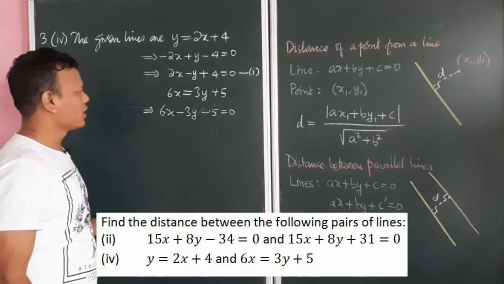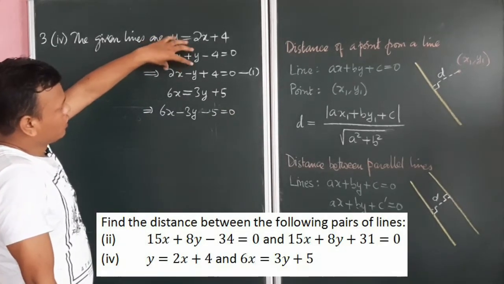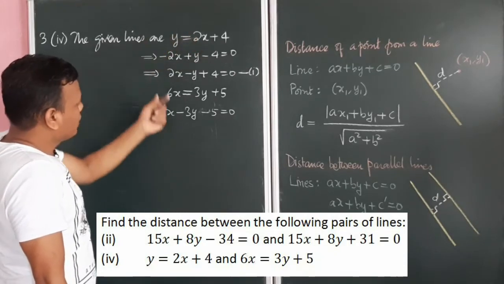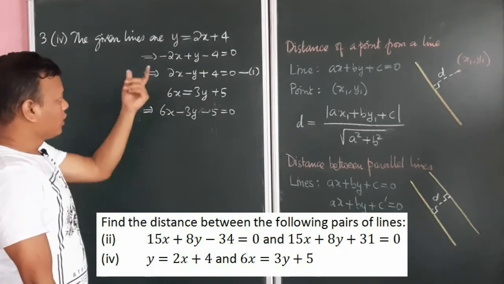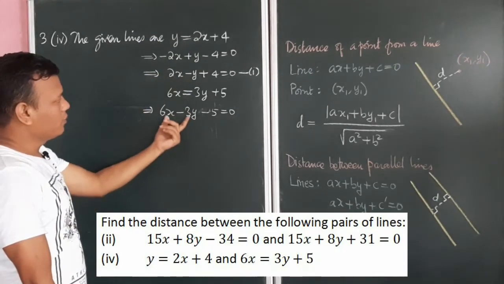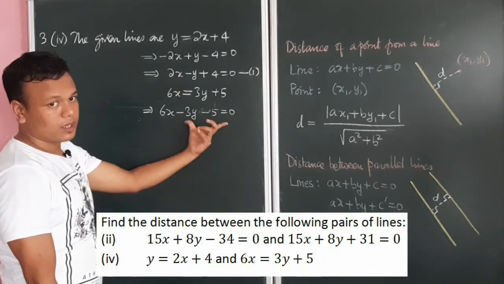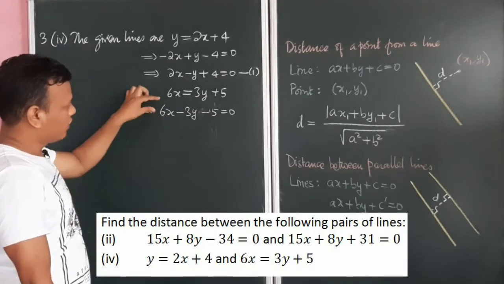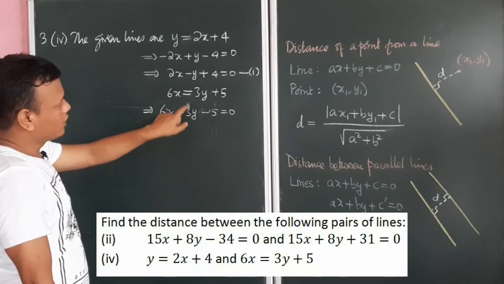But if you see here carefully, we have 2x minus y, yes, but here we have 6x minus 3y. So in order to make them the same, I am going to divide this part throughout by 3, because if I divide 6 by 3 then I'll get 2x, and if I divide 3 by 3 then I'll get y.